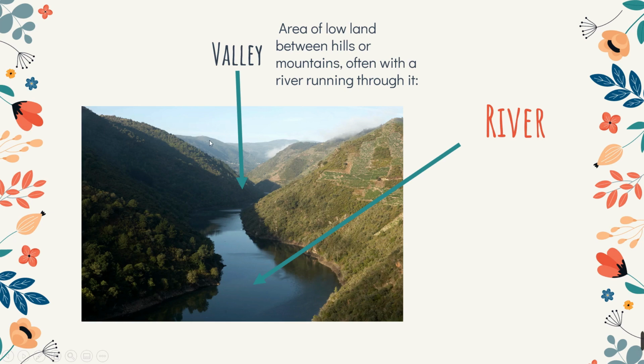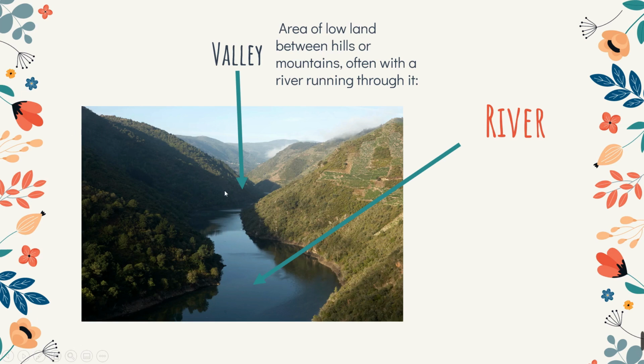Now we have valley. Okay, so when we have two hills or mountains, I mean elevations of land, what you have is that in between you have a space of land, plain land. This is an area of lowland between hills or mountains.